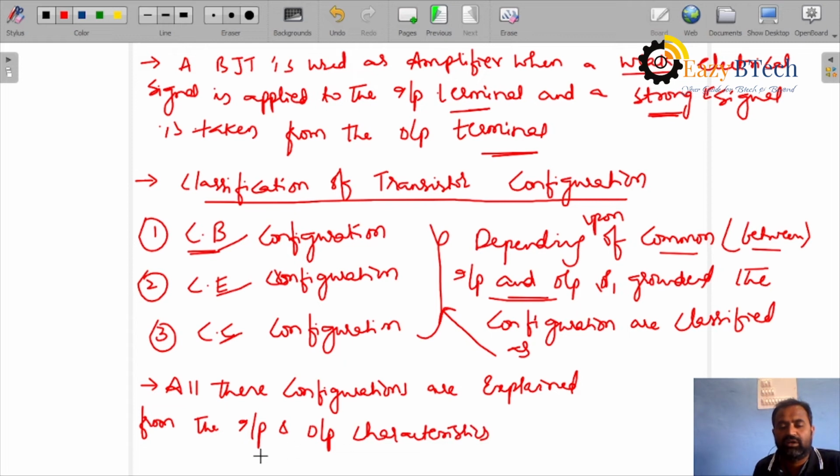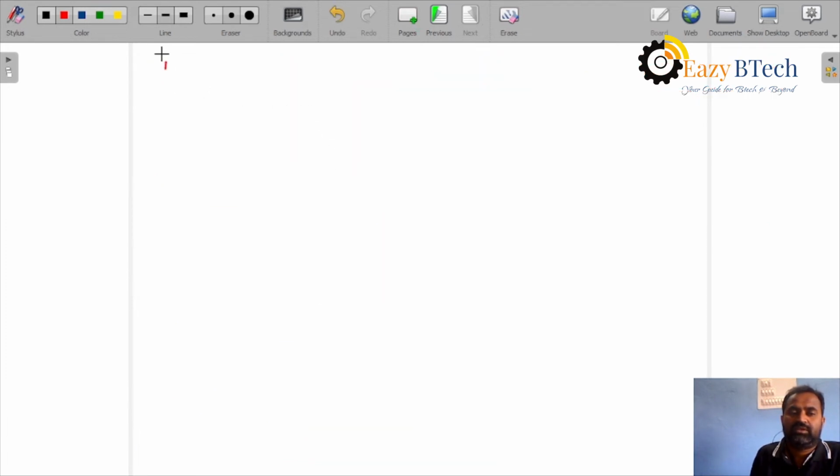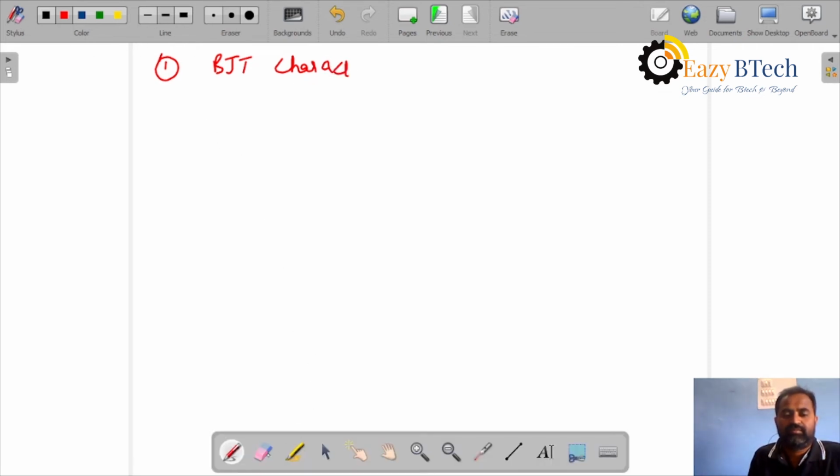Now you can see in the next slide we will see the BJT configuration characteristics.